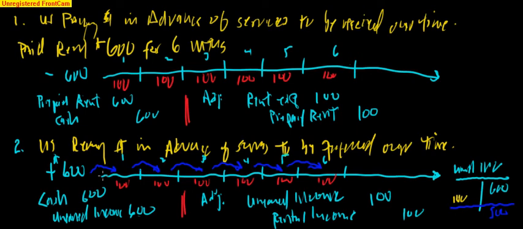Number 1, we pay money today for services to be received over a period of time. The second one is we receive money today in advance for services to be performed over a period of time.